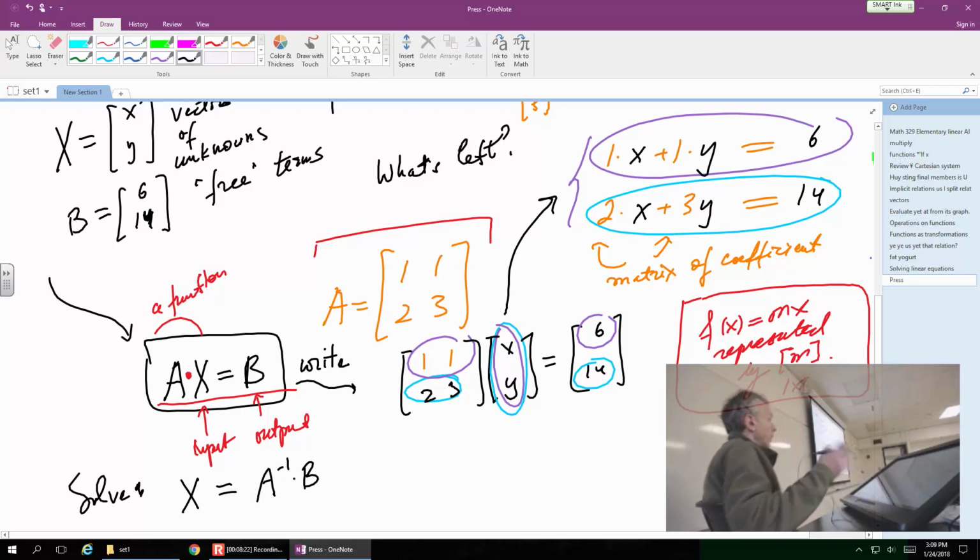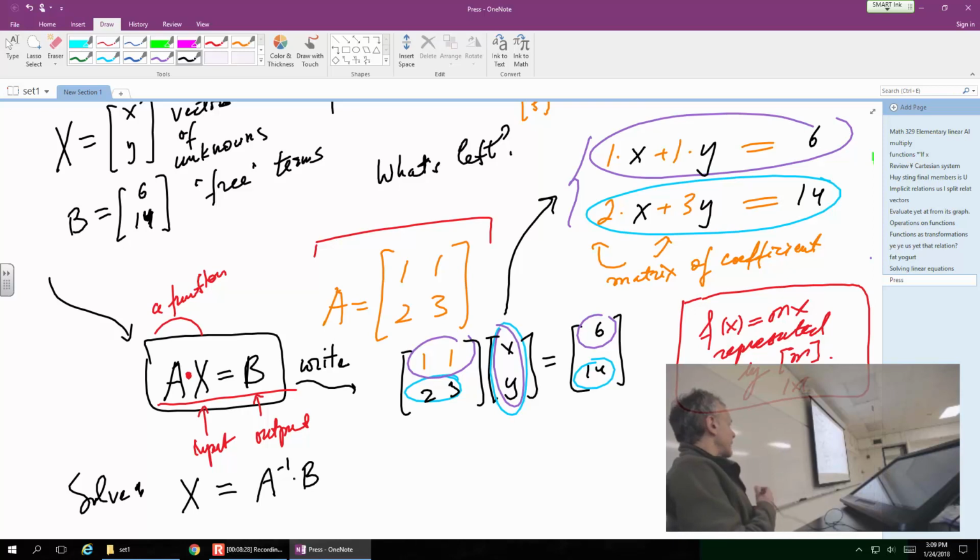Okay, so the only thing that we need to do is to figure out what is that matrix, the inverse of a matrix A. That matrix serves as a function, and then we need to find its inverse, and then we're done. So that's the idea of dealing with equations as well as the whole of linear algebra: thinking about everything more as functions than matrices, and the function is solved in this manner.